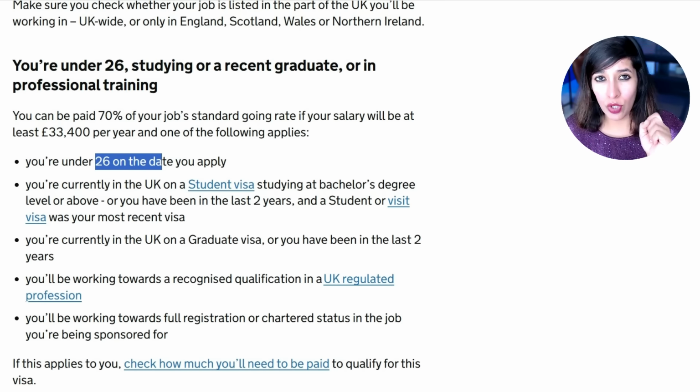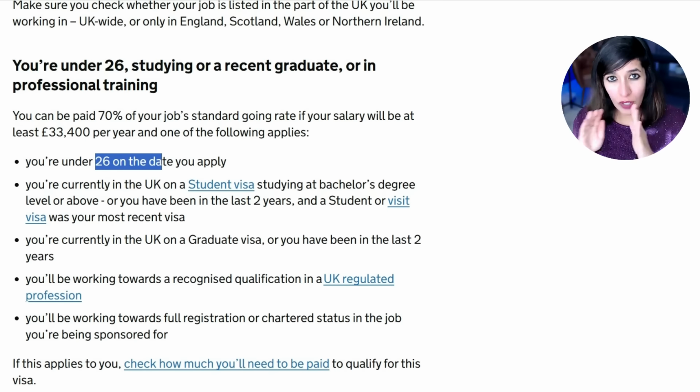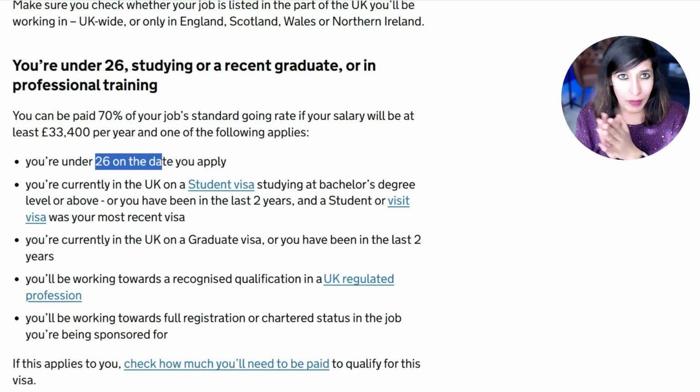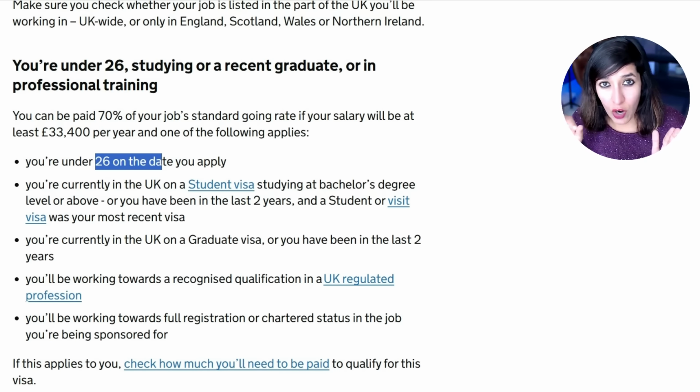But say you move from student visa to a graduate visa, but you use your graduate visa only for 1 year. It means you can still get a new entrant salary discount for 3 years. So in total, you need to count it is valid for 4 years. I know a few clever people who had managed to get from a student visa to skilled visa, and they're using that new entrant salary discount for 4 years.